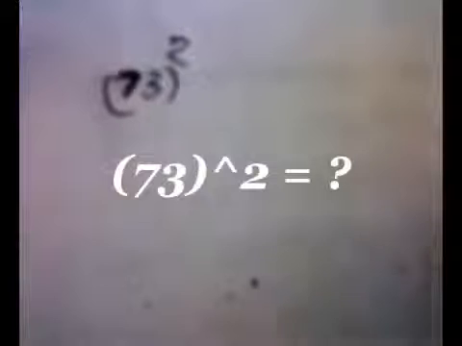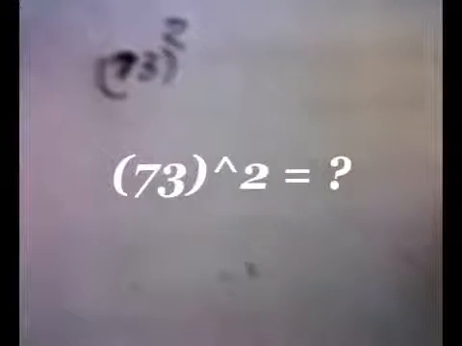Let's take a very large number, a huge number, say 73 square. Now it seems very difficult to find out the 73 square, right, but you can make it even in a fraction of a second. Let's see how. 73 is how much away from 25? We can say it's 48, so the first 2 digits we found out. And 73 is how much away from 50?